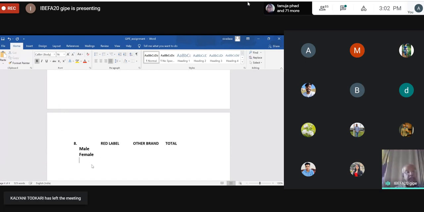A survey is conducted among a sample. The male customers preferring Red Label tea are 52, other brand 28, and the total is 80 male customers in the sample.